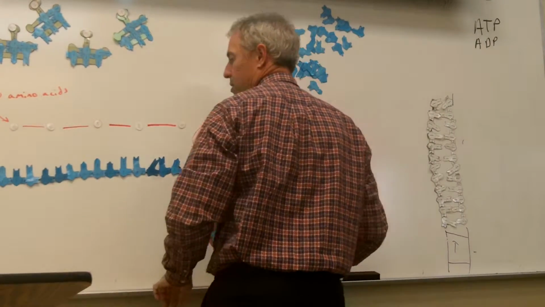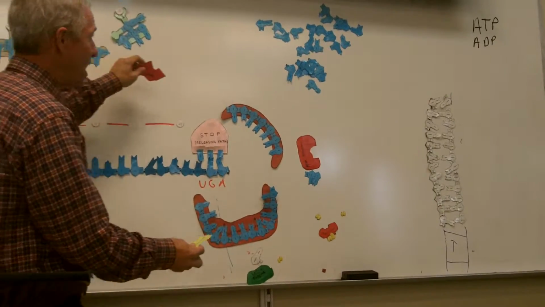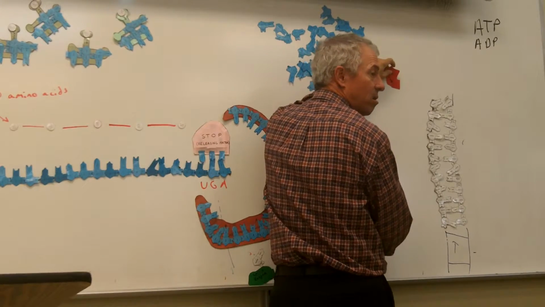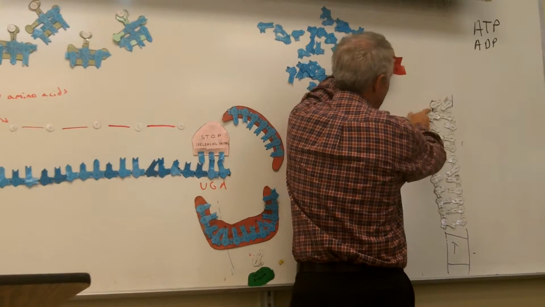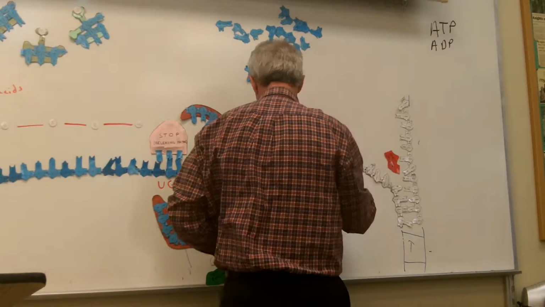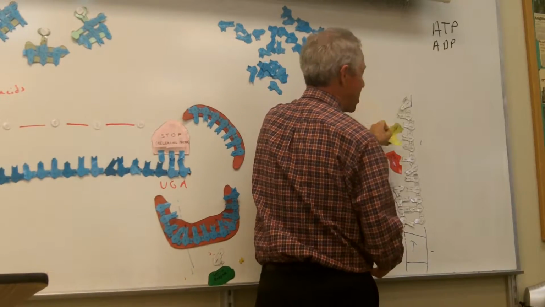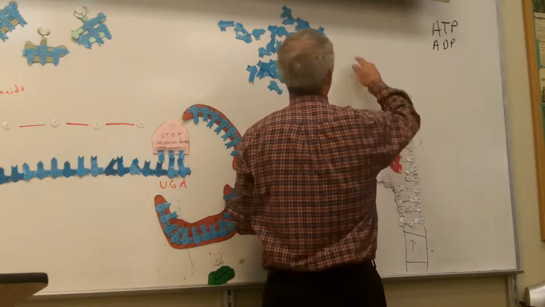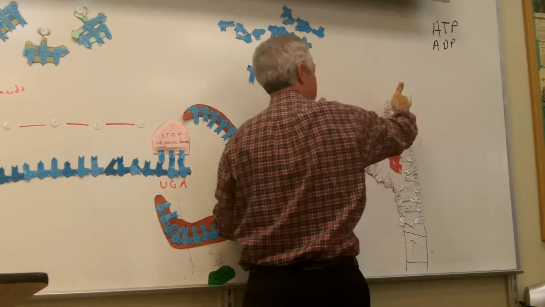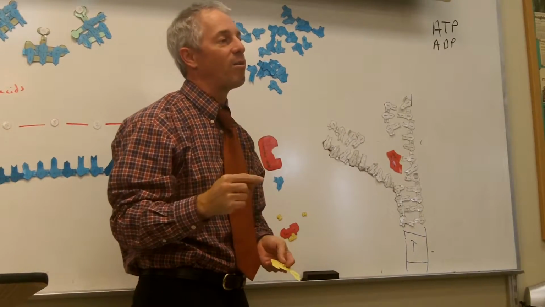Do you remember when helicase came in and unwound it? And then DNA polymerase put new nucleotides on each side? We made a copy over here and a copy over here, and we ended up with 2 copies. What if something went wrong when that was happening?